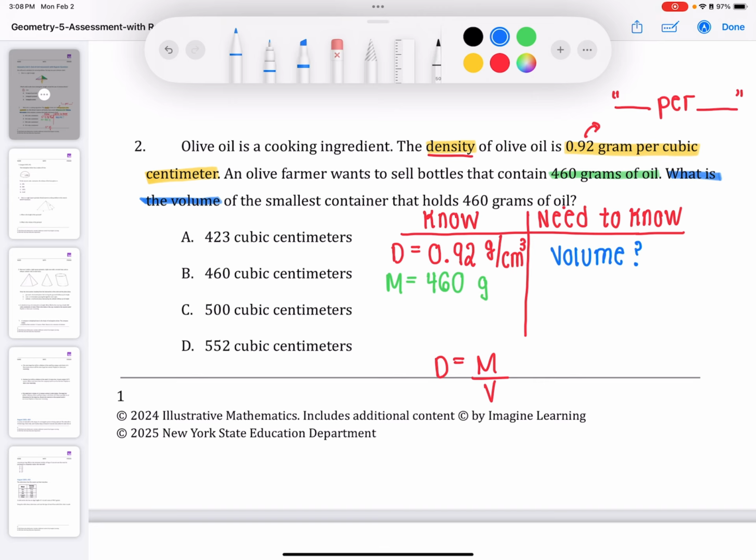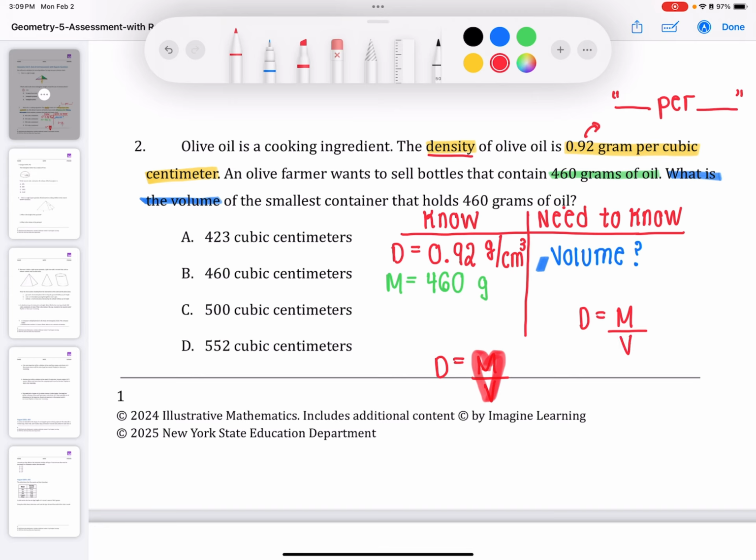So once we know that density is equal to mass divided by volume, if you remember, it's not on the reference table, but you can create a heart with the M and the V if we join the spaces together like such. And so we're going to replace the D with 0.92 grams per cubic centimeter, and we're going to replace the M with 460 grams.